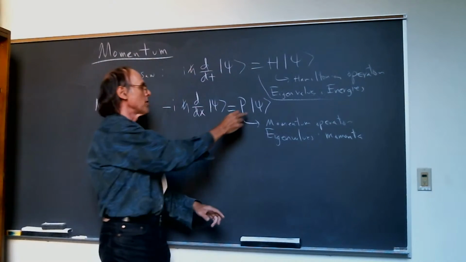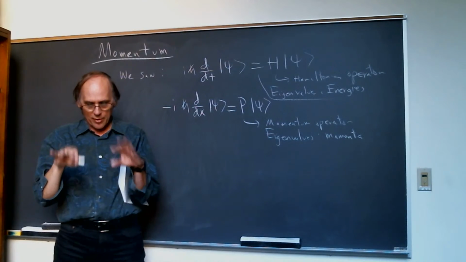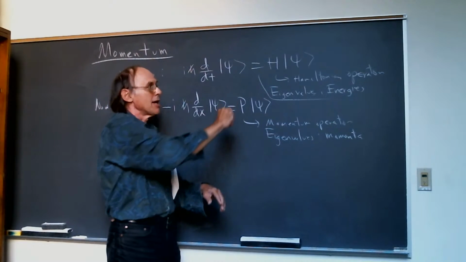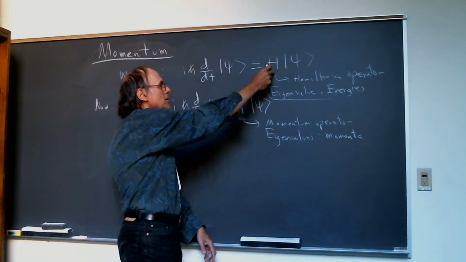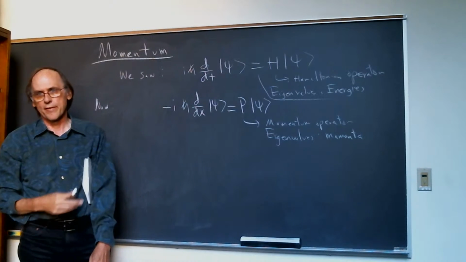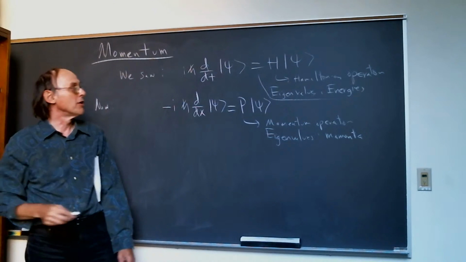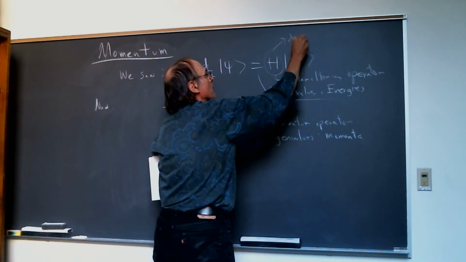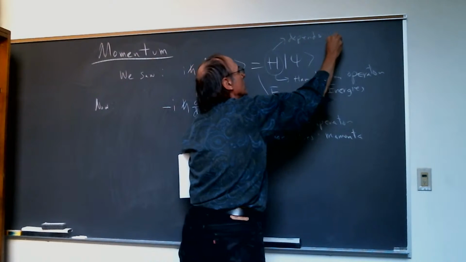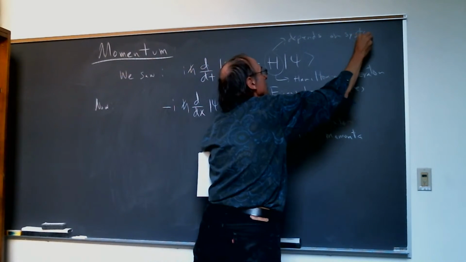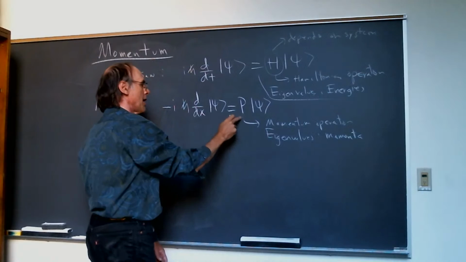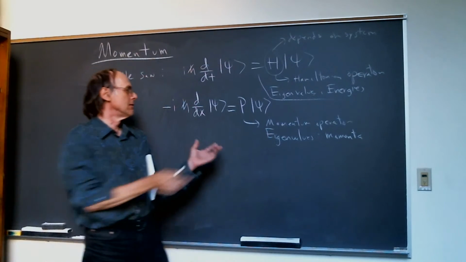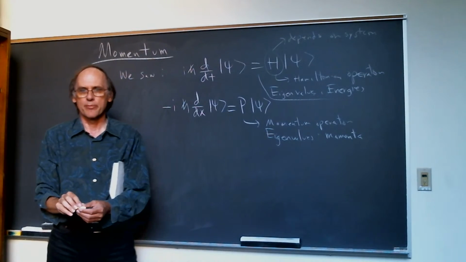This is what's going to happen if you're in a certain state at a certain time. What's going to happen later is given by this, and H. And this is going to depend upon the physics, upon what kind of physical system you're doing. So this depends on the system. Whereas this guy just depends on the geometry of space.